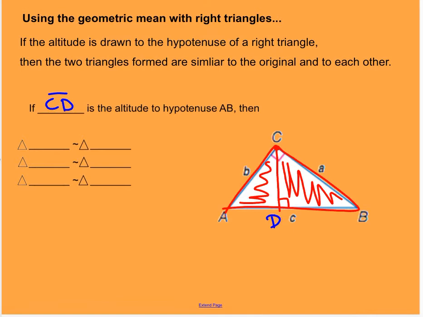So I've got ADC, which is this little one right here, and that is going to be similar to DCB. Remember, you still have to be careful with the placement because you're still corresponding here. I can also say ADC is also going to be similar to the big one. So if it goes ADC, this one's actually going to go ACB.